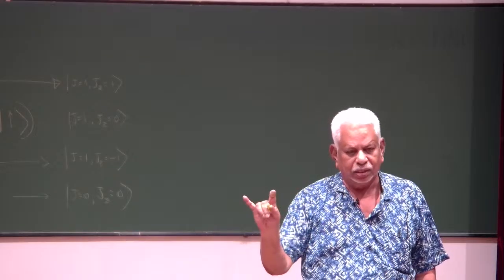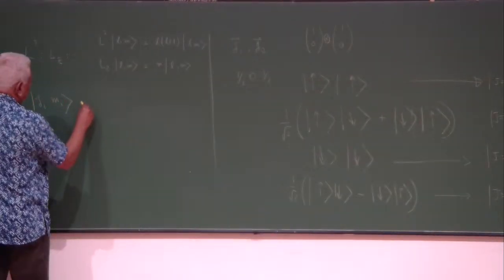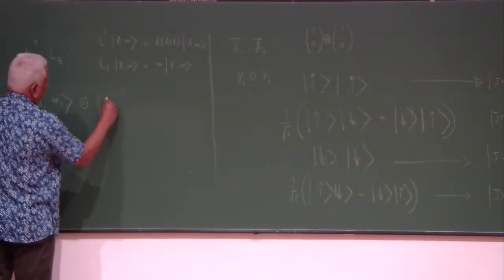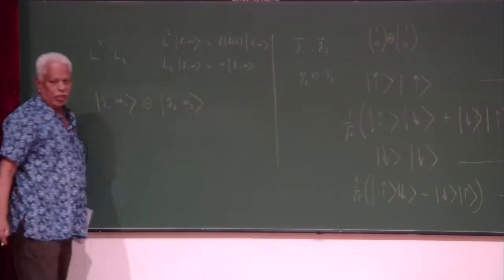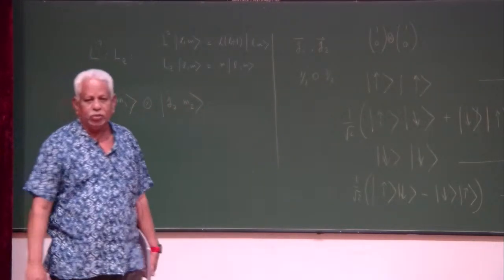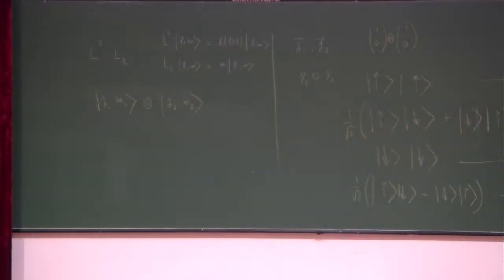Is that clear? Now I have another state here, J2 M2. There are two angular momenta, one is J1, another is J2, and the combination of both of them together is what I am looking at, the composite of both of them together.